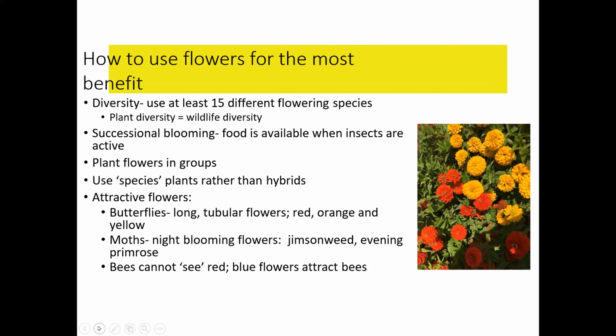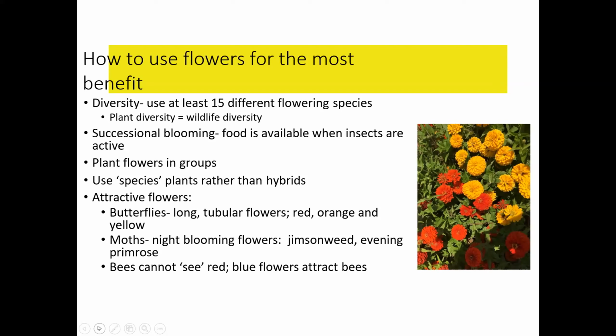Hybrids are plants that have been bred for certain characteristics that are desirable to people. Could be large size, could be certain color, could be disease resistance. It could be a lot of things. And hybrids are not necessarily bad, but in the world of pollination, they can be bad.